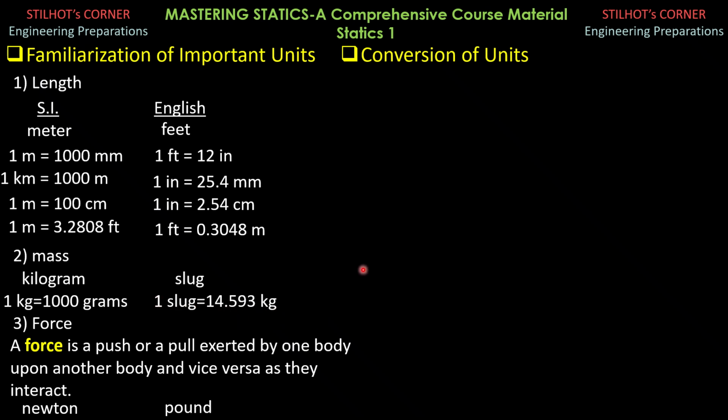14.593 kilograms. So 1 kilogram force, by the way, we define a Newton as the amount of force required to accelerate a unit mass of an object or a body by a unit acceleration. So force is mass times acceleration.